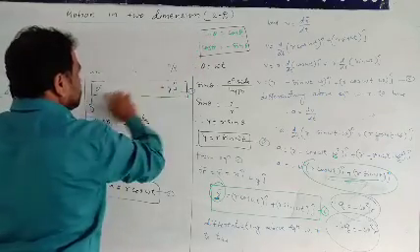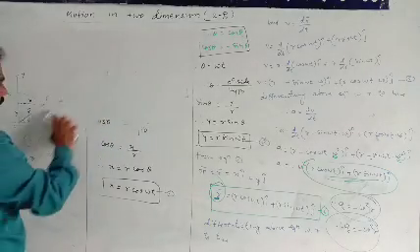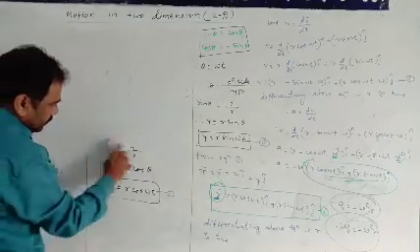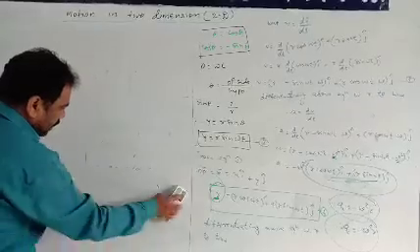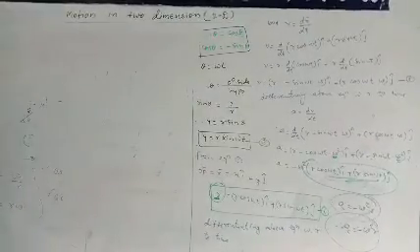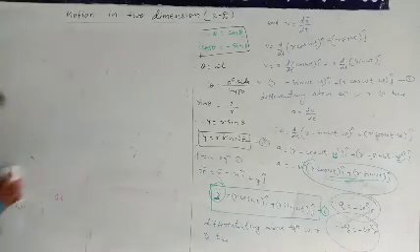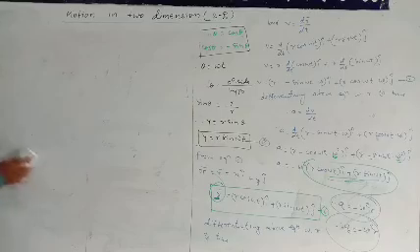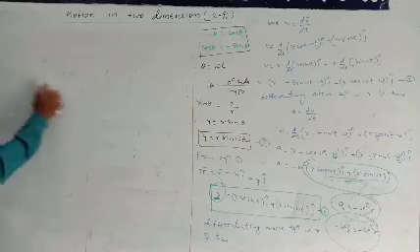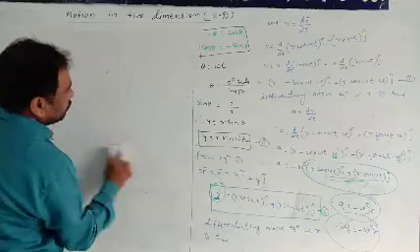These concepts are very important for circular motion, that is the two-dimensional motion. Now see, when this centripetal force acts on the particle, definitely that particle must be performing circular motion, that is UCM, uniform circular motion.